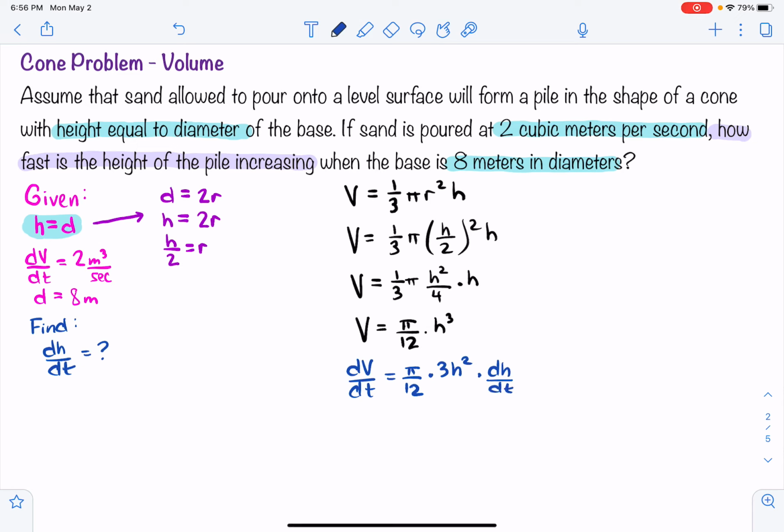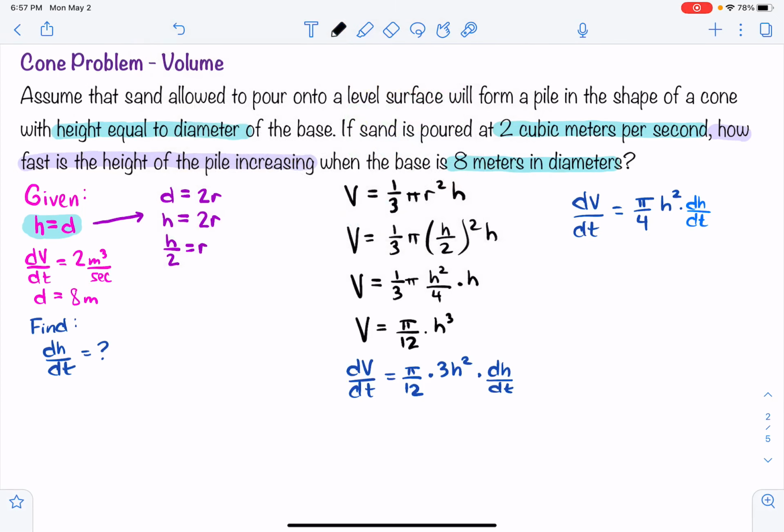So if we clean this up, this would be dV over dt equals 3 over 12 reduces to pi over 4, h squared times dh over dt.